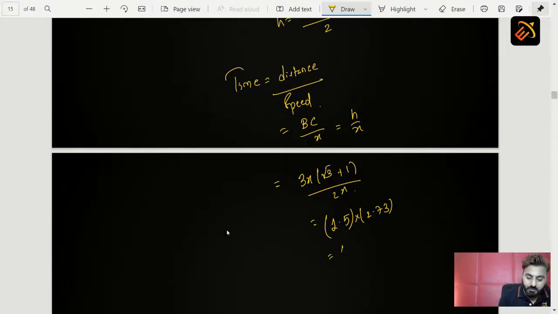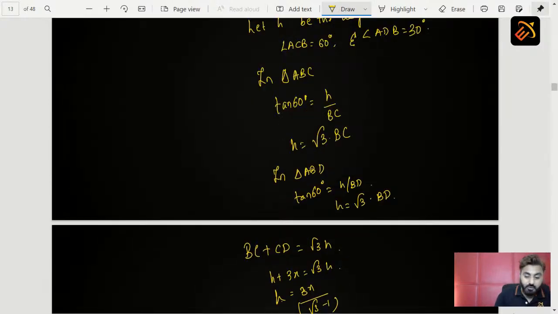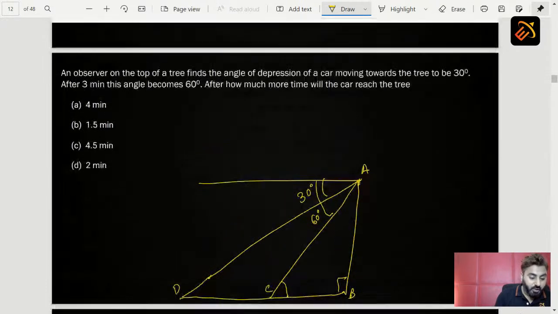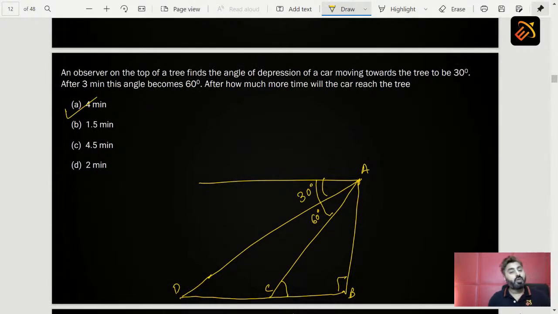And when we solve this, we get the answer as 4 minutes. So if 4 minutes is the answer, students, what is the correct option? So the correct option is none other than option A. And this is how we solve our sum. So students, understood how to do it? Let's move on to the next MCQ.